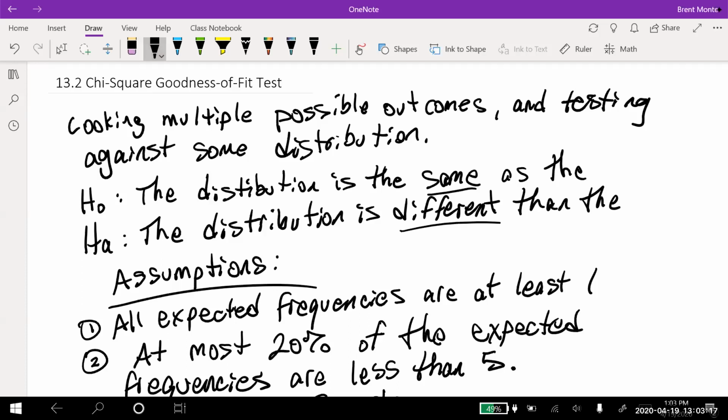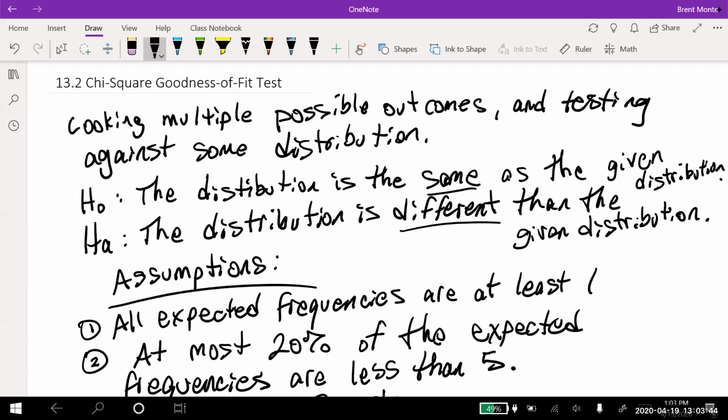We'll say the distribution is the same as the given, and we have to fit in the distribution here, so whatever they tell us the distribution is. And then the alternative hypothesis is always going to be that the distribution is different than the given distribution. And again, we'll see examples of what I'm talking about shortly.